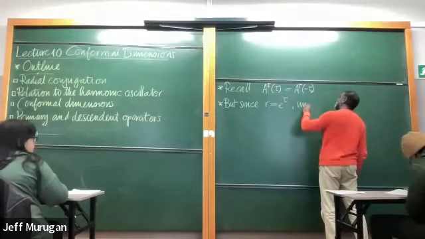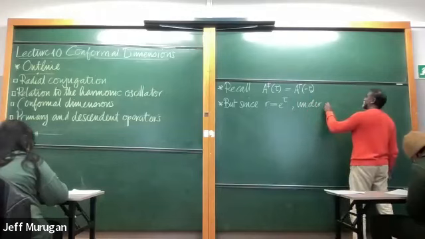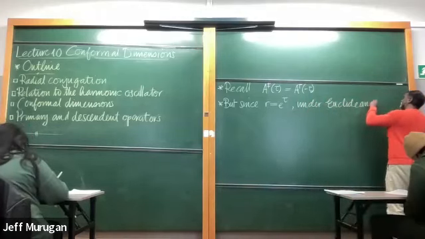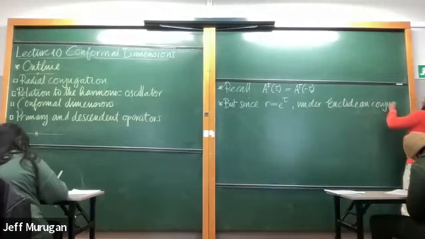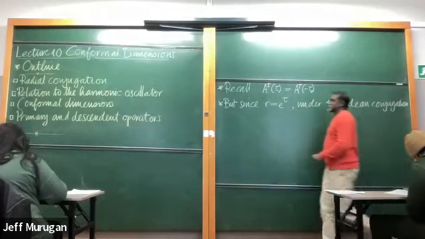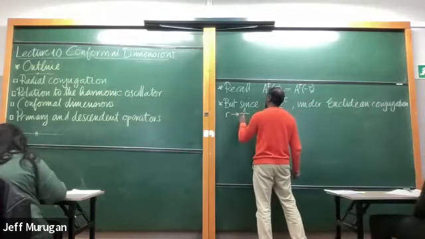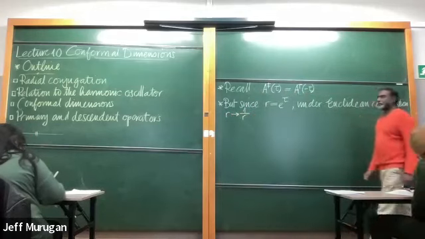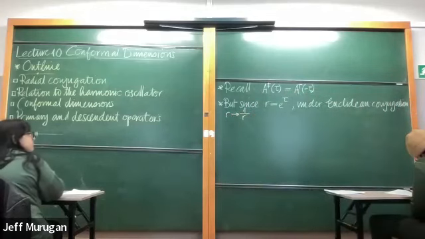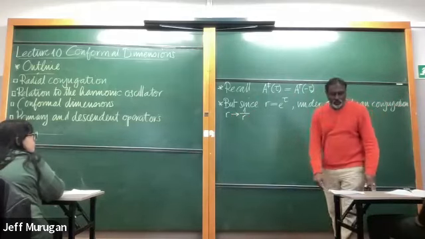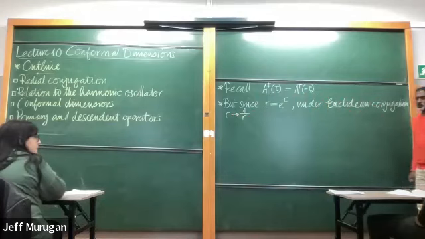It follows that under Euclidean conjugation, r goes to 1 over r, because tau goes to minus tau. In other words, radial conjugation is accompanied by an inversion.